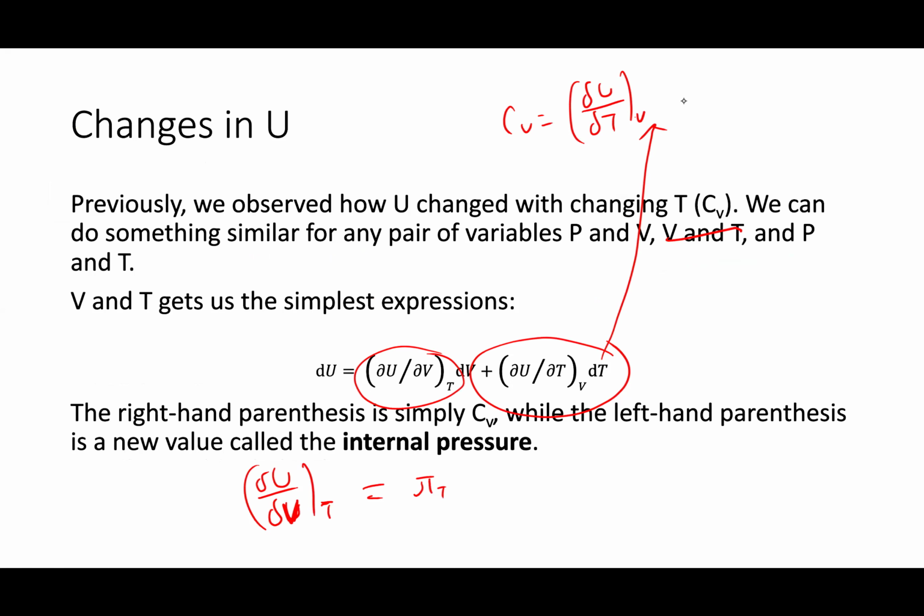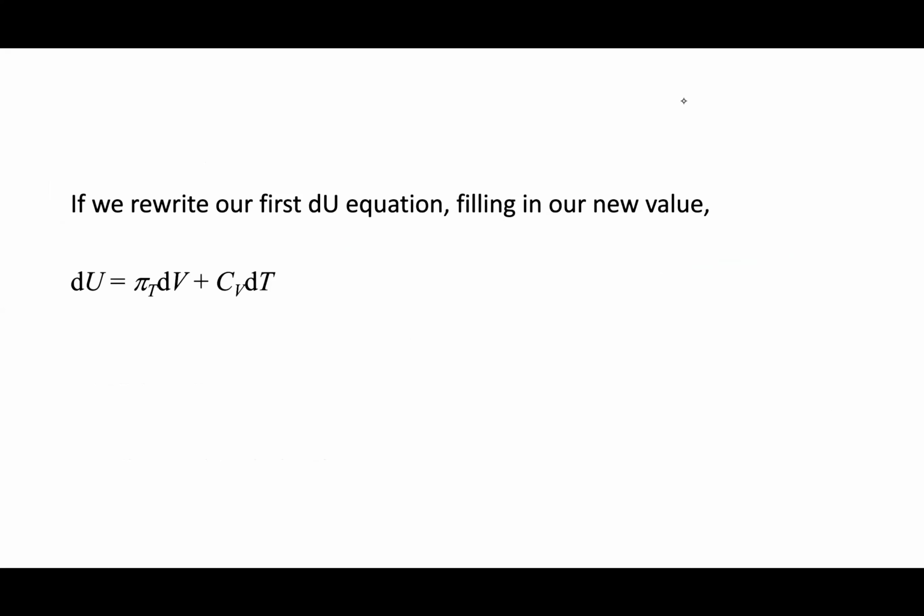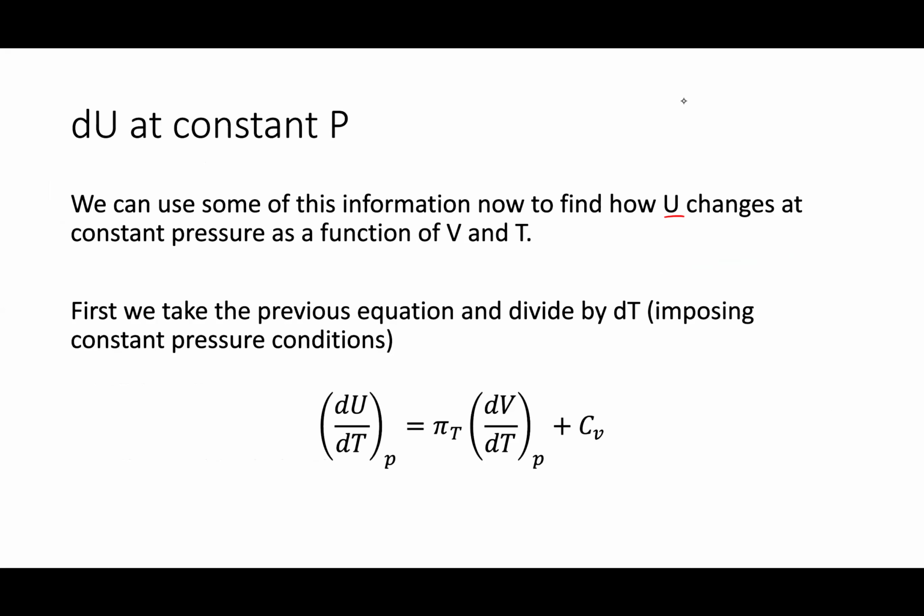We're going to do a different variation. When you have three different variables, there's lots of different variations here. We're going to take our previous equation, dU equals internal pressure times dV plus CV dT.